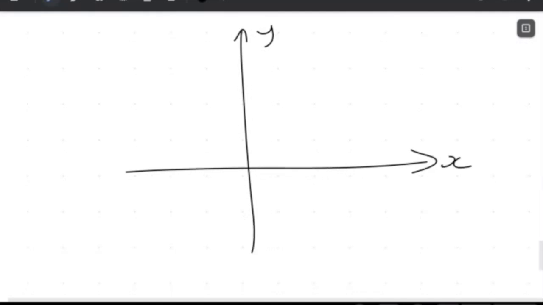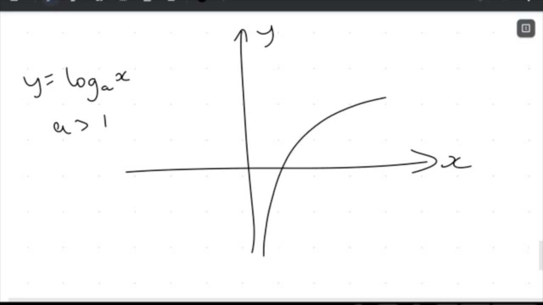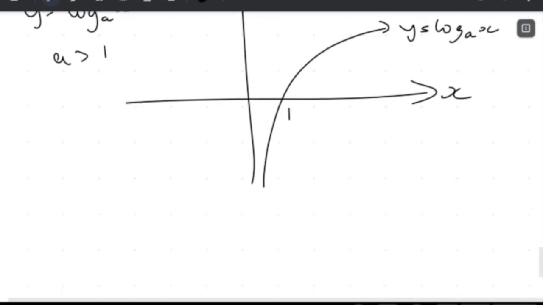My general log of the form y equals log to some base a of x, where a is greater than 1, is going to look somewhat like, that's not a good drawing, something like this, where it has an intercept of 1 and it has an asymptote at x equals 0.